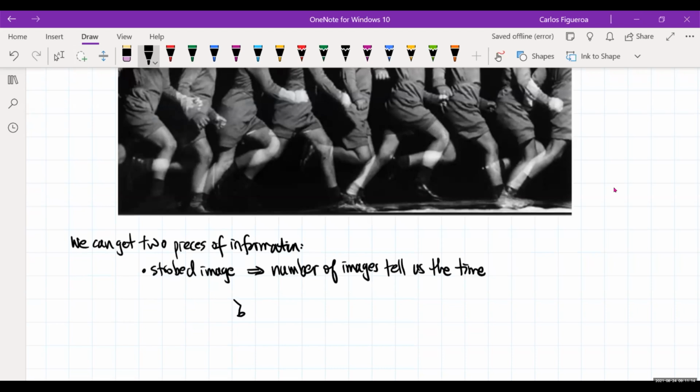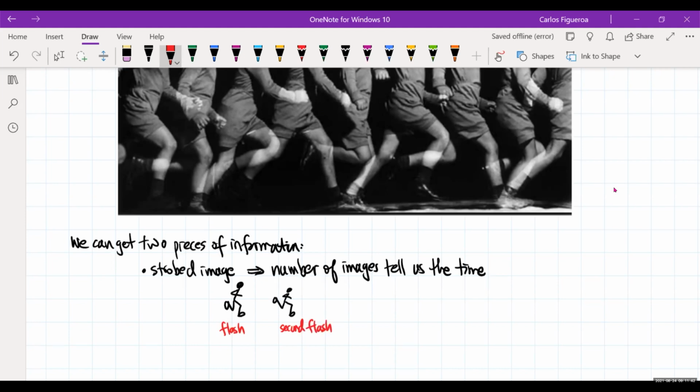So what we'll see here is that if I look at the boy here, let's say that this is the boy right here. And let's say that this is where there's a flash right here, right? So here's a flash. And then the very next moment, the boy has slightly moved. And then this is the second flash.